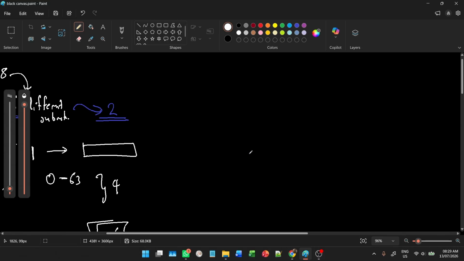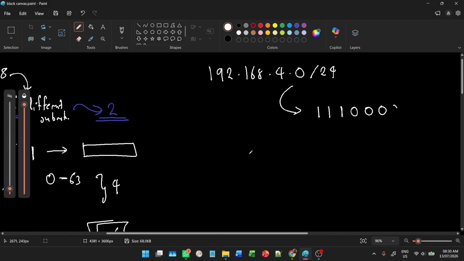So they want 6 different subnets using 192.168.4.0/24. They want 6 different subnets. So we can break this into subnets, so they're saying we want to arrange the last 3 digits, right? So that will mean 1, 2, 3, 4, 5. That means these 5 are the only guys who are able to change.